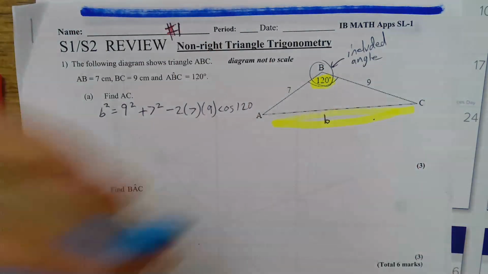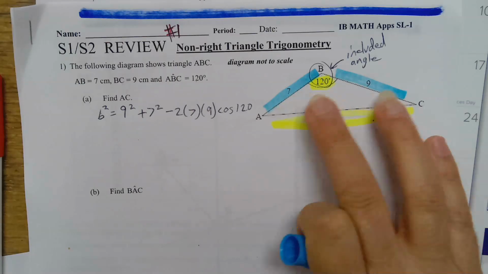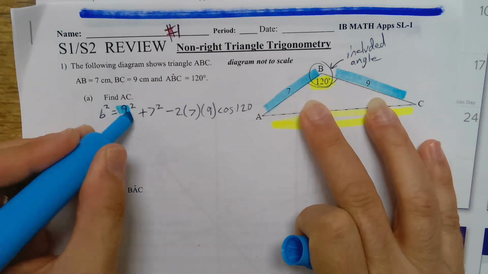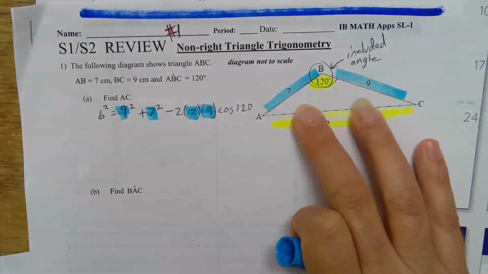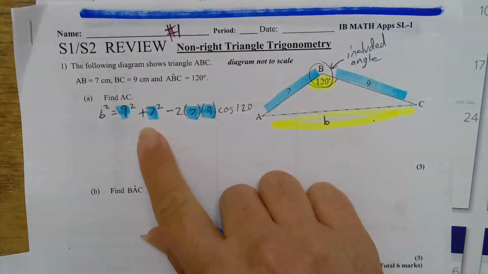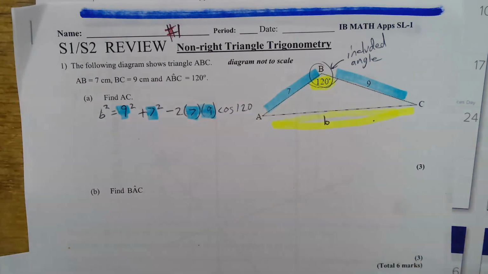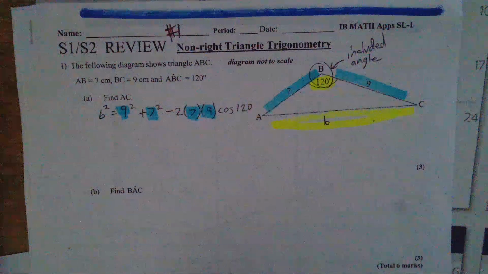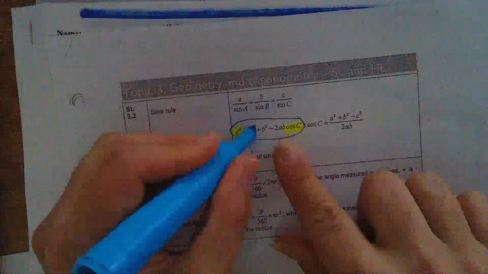As I was saying before, the 7 and the 9 are the two sides on either side of the included angle. So it doesn't matter which one goes first. 7 times 9 is the same thing as 9 times 7. Okay, and same thing here.